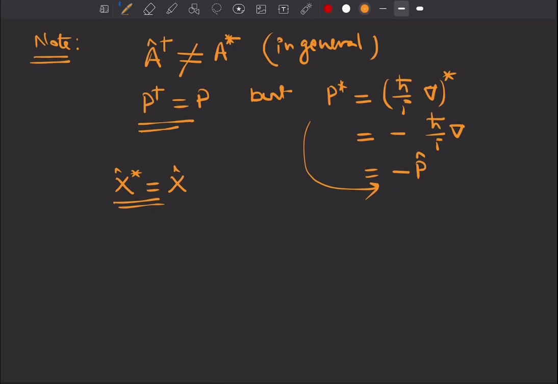Now we learn about the projection operators. An operator P is said to be a projector or projection operator if it is Hermitian, that is P dagger is equal to P, and it is equal to its own square, that is operator P is equal to P square.